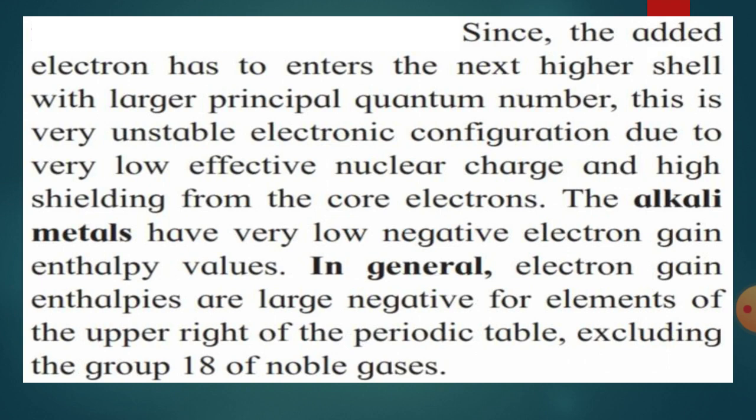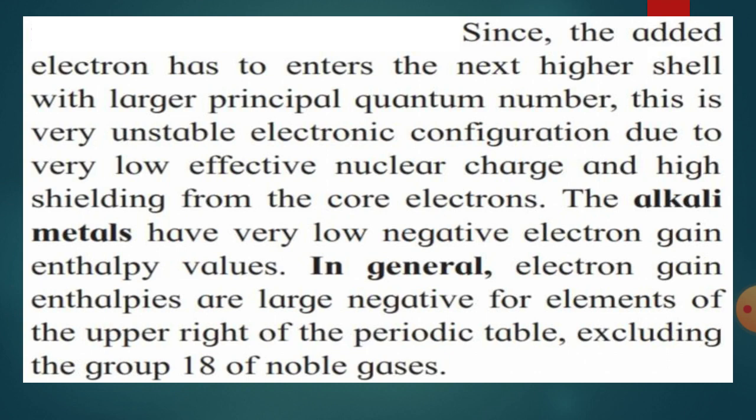As the added electron will enter the next higher shell, the principal quantum number will increase, and this will give a very low effective nuclear charge and a high shielding effect. It will be a very unstable electronic configuration for group 18 elements.